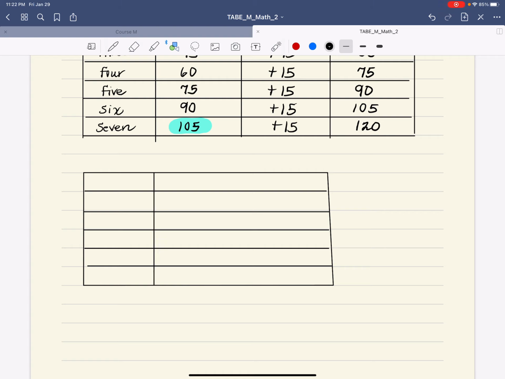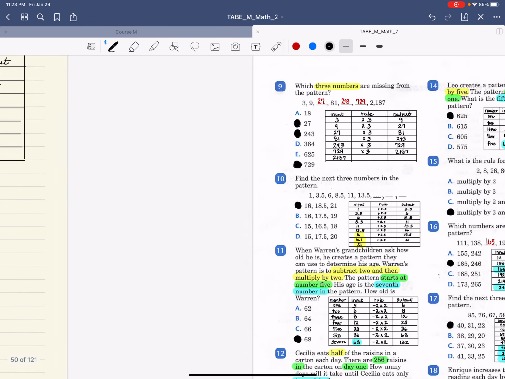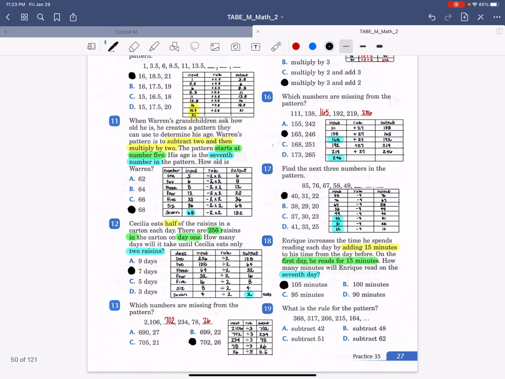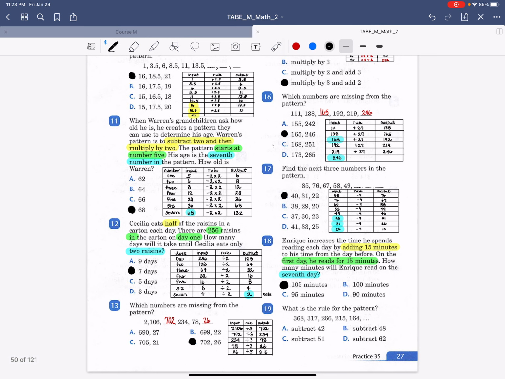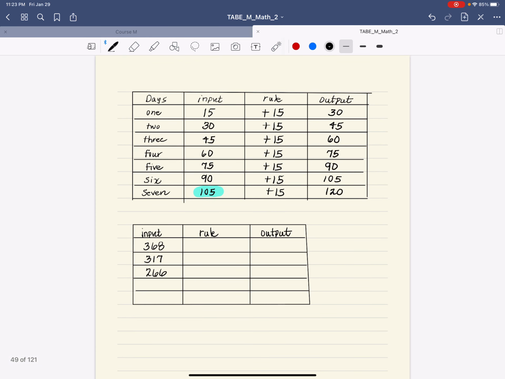Okay, so input, output, and then rule in the middle. This is not a story problem, so. And I think the question was what was the rule, so they probably are not going to help me there. So let me get the inputs. I've got 368, 317, and 266. 215 and 164.